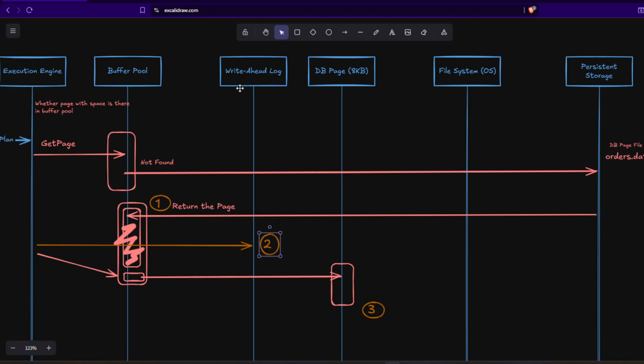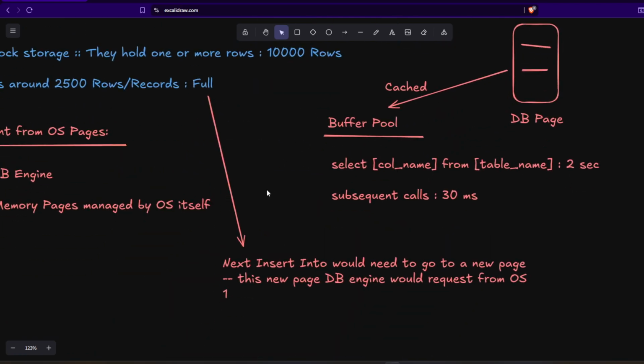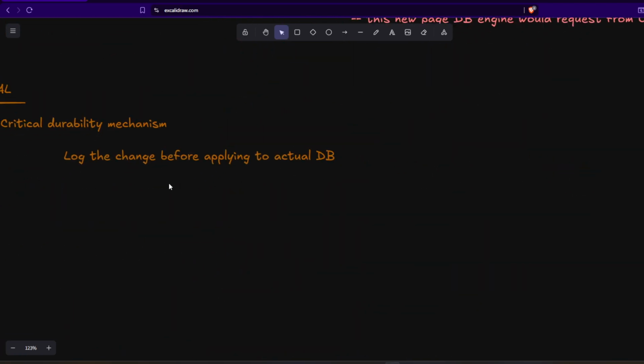So what gets written into the WAL and what is its structure? The WAL contains something like a log sequence number, or LSN as we say. It will have the transaction ID and the operation type, in our case an insert into.